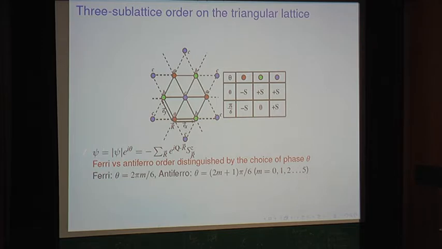And so this is a complex number, it has a modulus and an argument, and this argument is this theta. So either this theta can be 2 pi m by 6 where m goes from 0 to 5, or it can be (2m plus 1) pi by 6. If it is 2 pi m by 6, it is ferrimagnetic and the other 6 are antiferromagnetic. Okay? So there are two kinds of 3 sublattice orders possible on the triangular lattice. This is just kinematics if you wish, I am just describing the states.